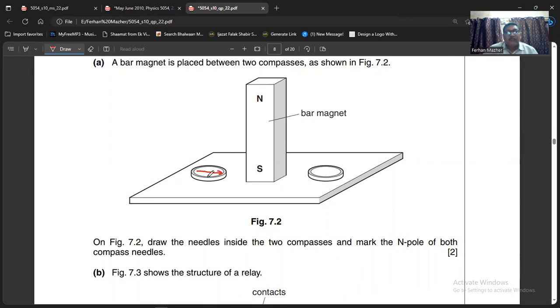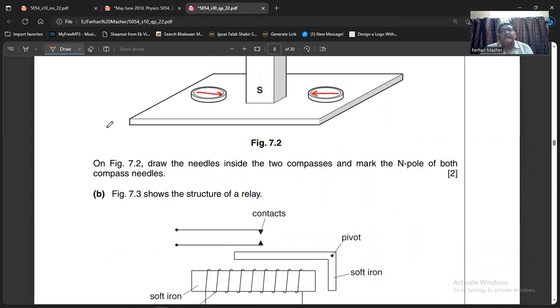So its compass needle will be pointing like this. Its needle will be pointing like this, because the magnetic lines here are going like this. The magnetic compass needle always aligns itself with the magnetic lines. Wherever they are going, the compass needle points in that direction. So this is how you will show this, and it's a 2 marks question.